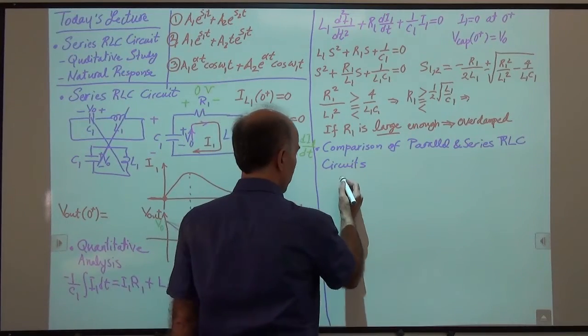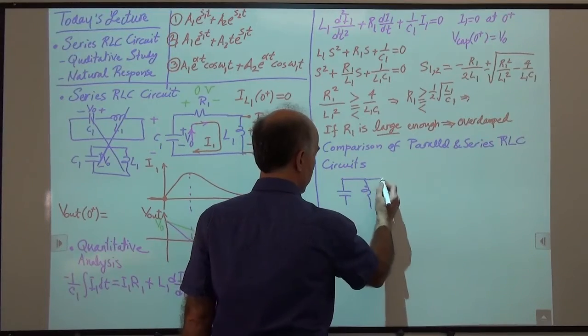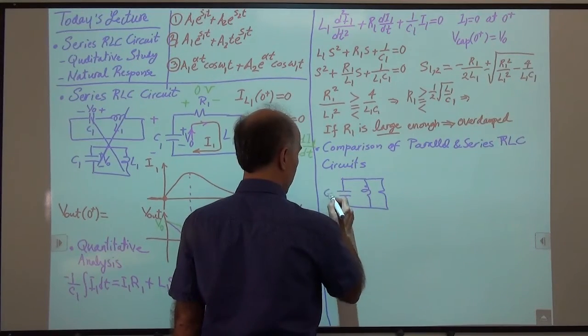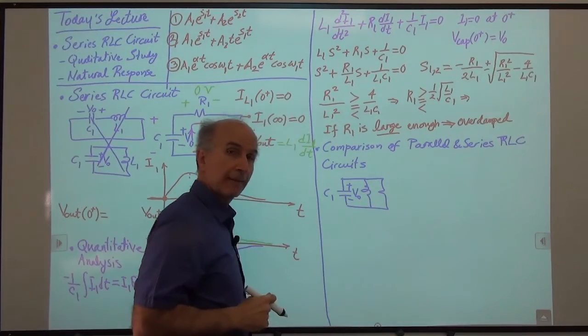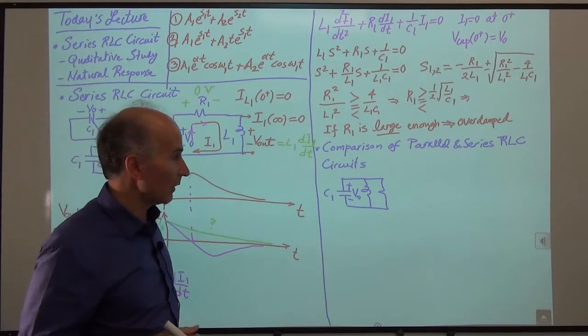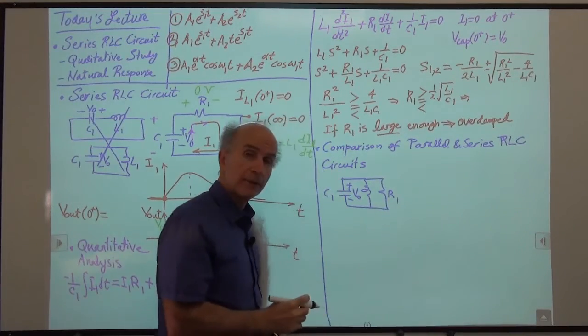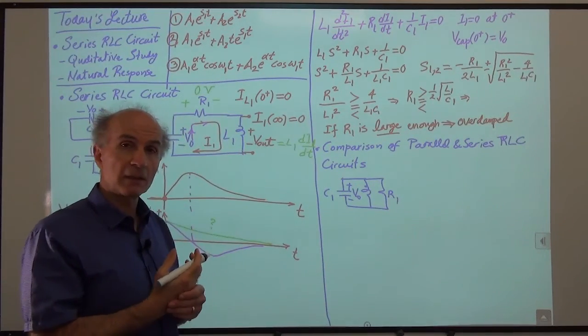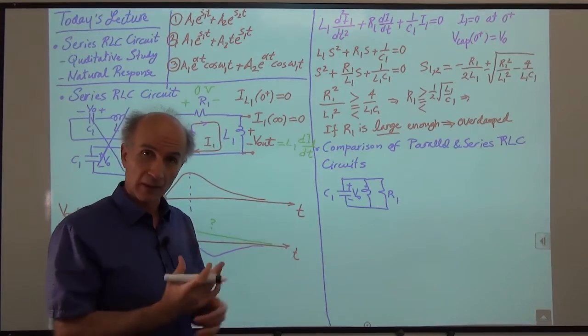All right, we start with what we know. Remember, we have a cap, an inductor, and a resistor in the parallel combination. We start out with V0 and let go, right? And what we saw is that as this resistor becomes smaller, the response does not ring as much, and eventually it just doesn't ring.